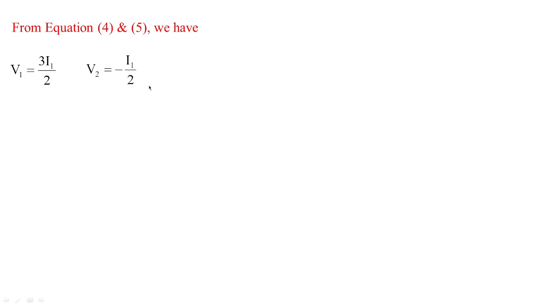What is the requirement? The parameter A, which is equivalent to V1 by V2 at I2 equal to 0. Here you have V1 equal to 3I1 by 2, V2 equal to minus I1 by 2. In the denominator 2 gets cancelled, in the numerator I1 gets cancelled, so that A will be equivalent to minus 3. Since it's a gain, it doesn't have any units.